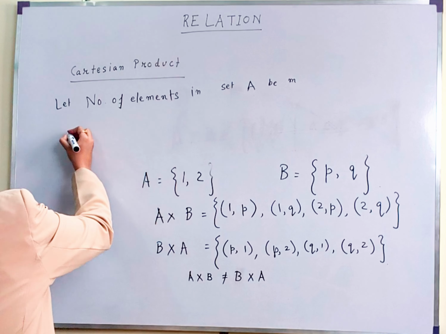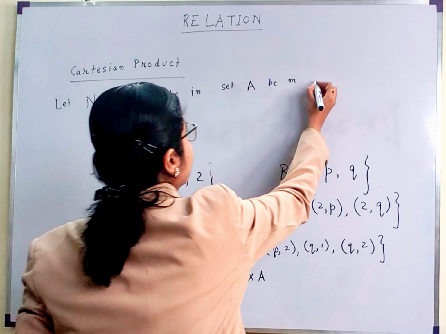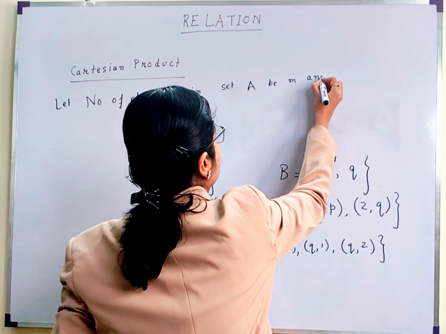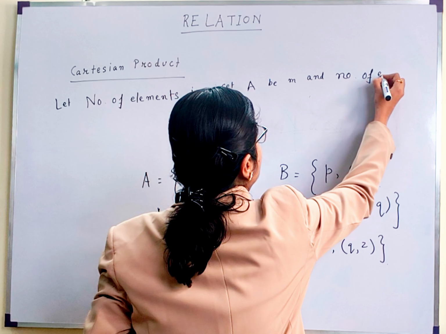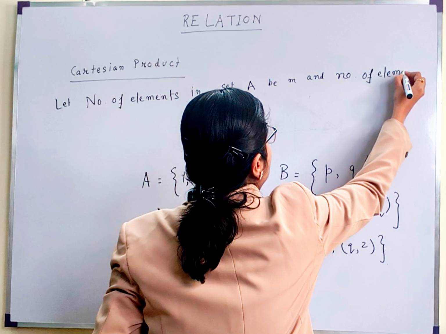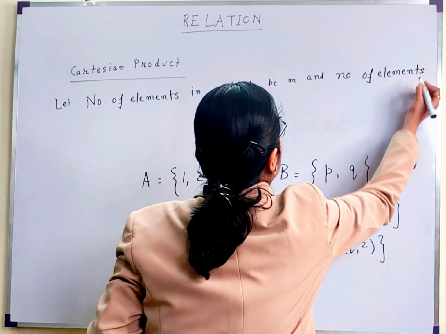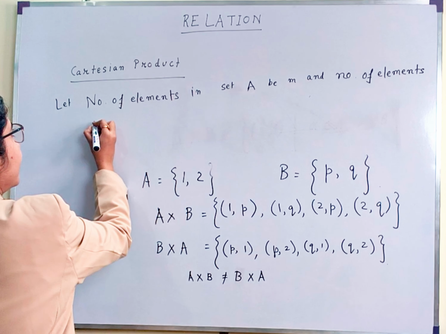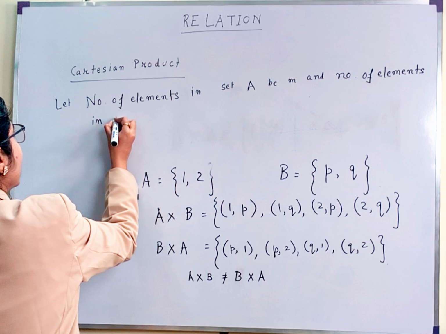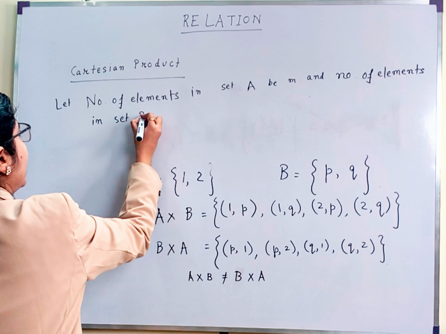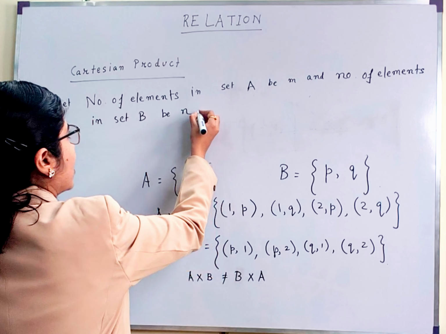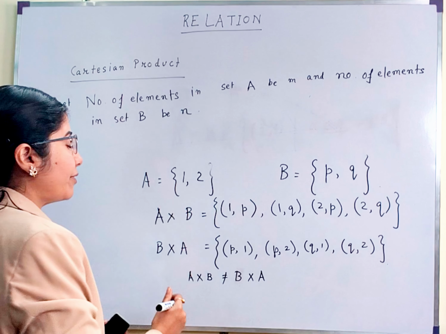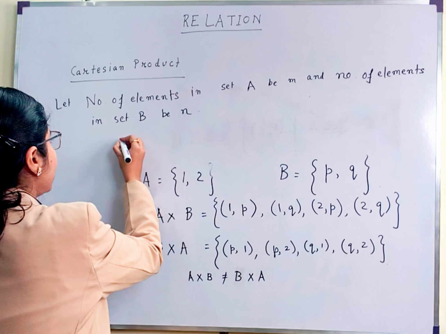Now if I say the number of elements in set B is small n, what will be the number of elements in A cross B?